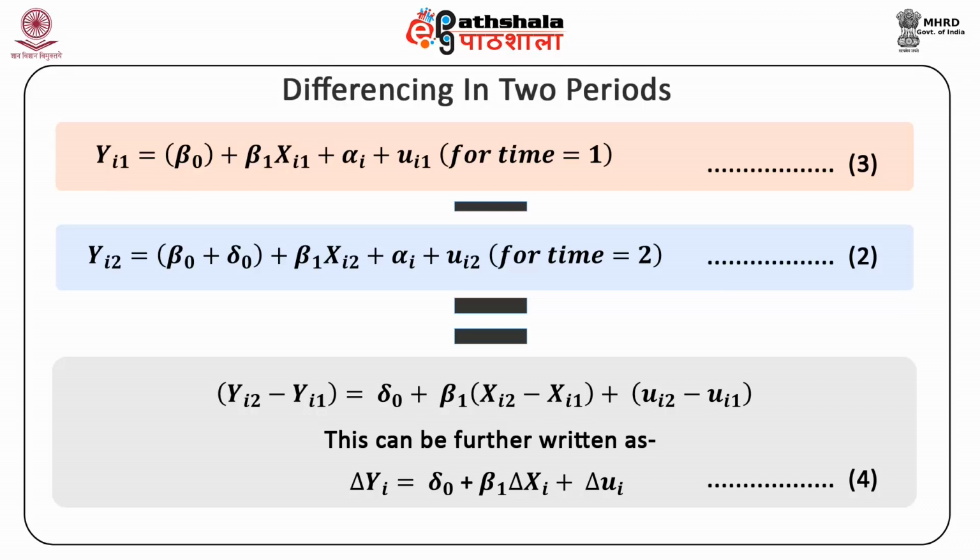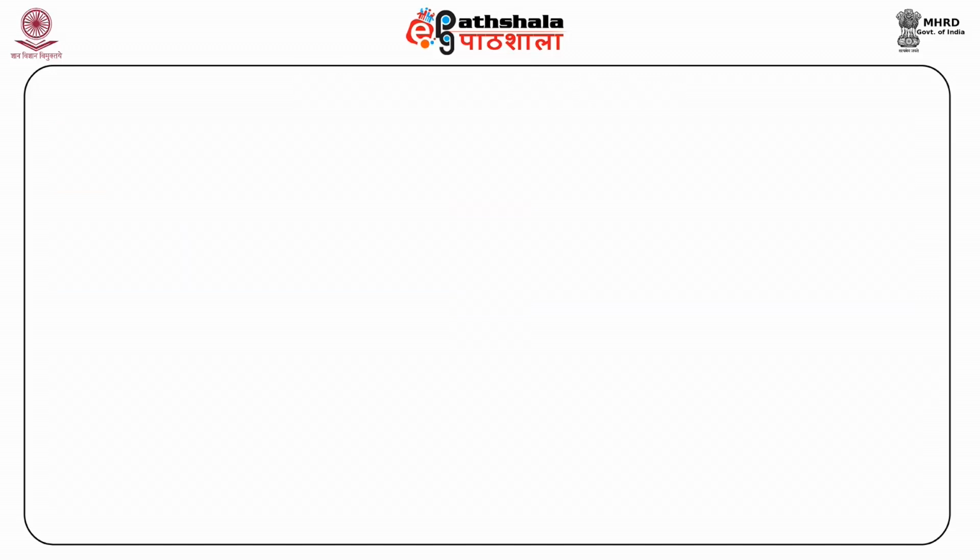It has been differenced away. Also, the intercept is actually the change in intercept from first year to second year. Equation 4 is called the first differenced equation, and the OLS estimator of beta 1 is called the first differenced estimator. The first differenced equation is just a single cross-sectional equation, but each variable is differenced over time.